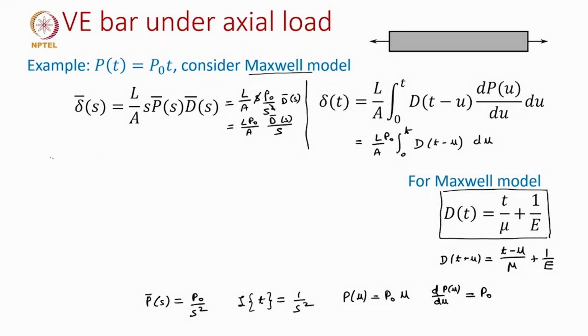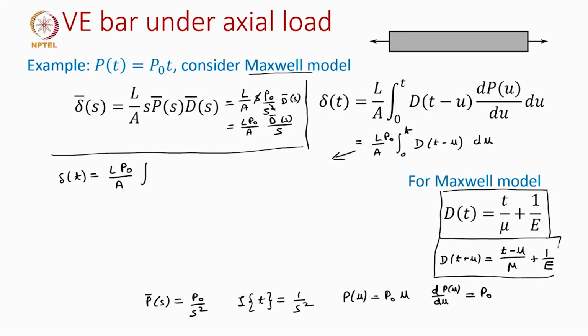So, let us continue here. This equation will be L P naught by A integral. Now, I will replace this D of t minus u with this expression here, t minus u by mu plus 1 by E, times d u evaluated from 0 to t.